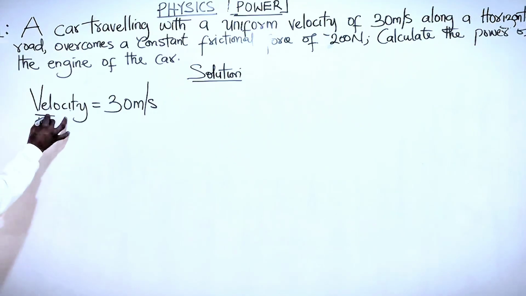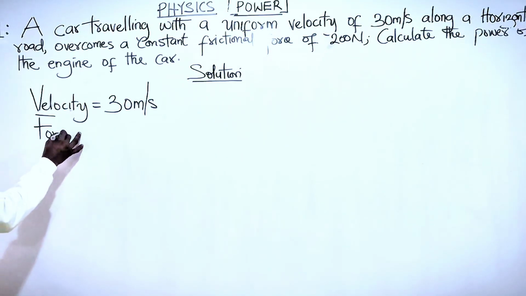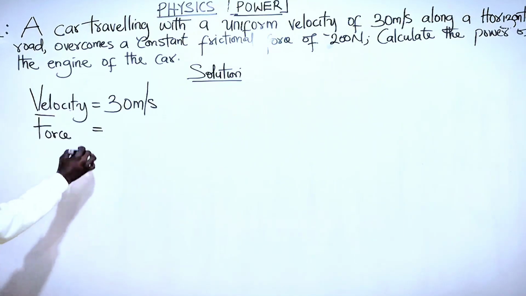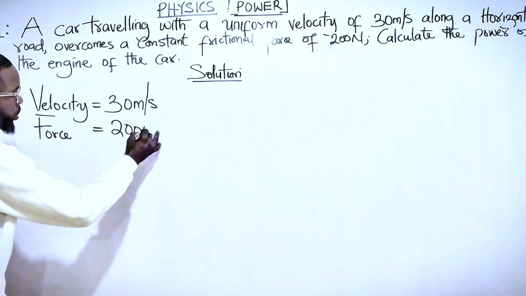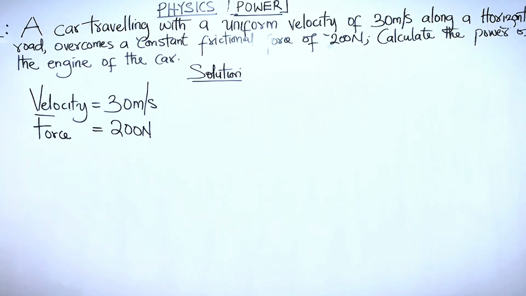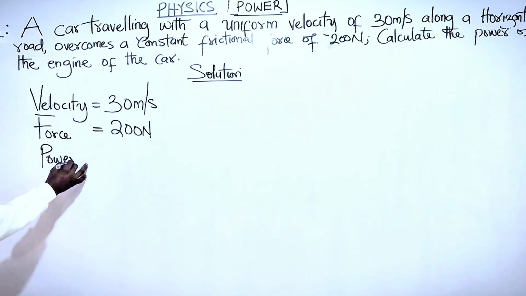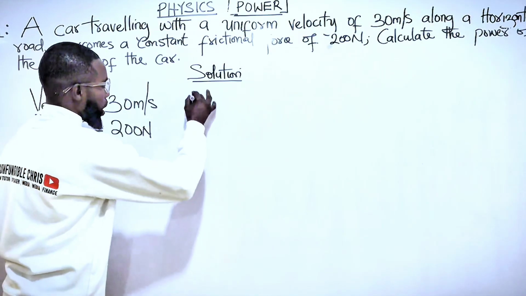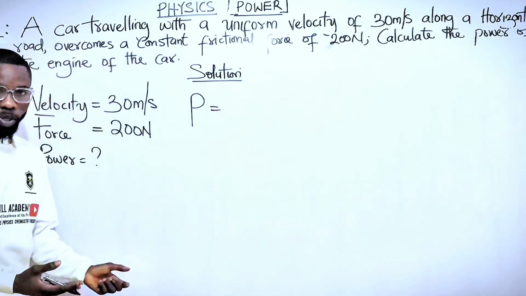So there we have a force, a frictional force of 200 newtons. Right, now we're asked to calculate the power of the engine. So these are the two parameters we're given. We're asked to calculate power, and I said power has more than one formula.